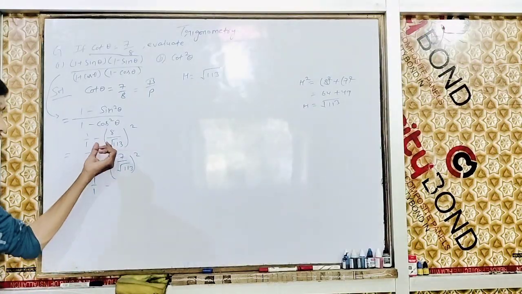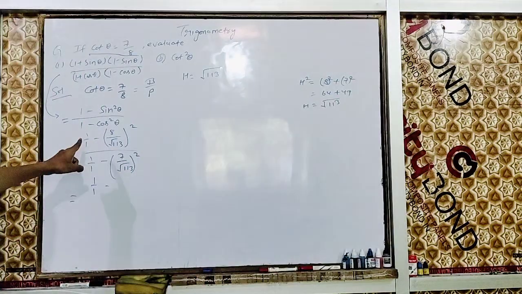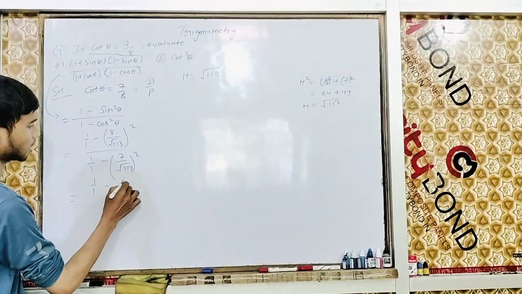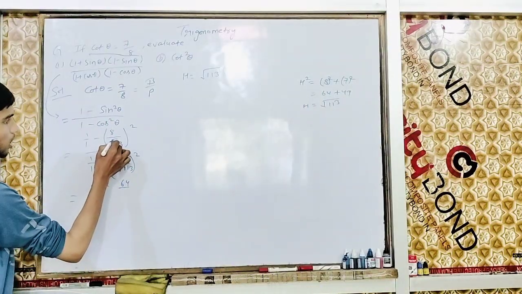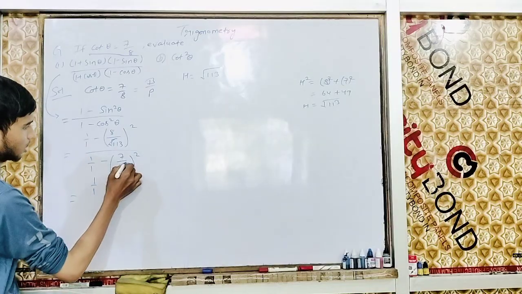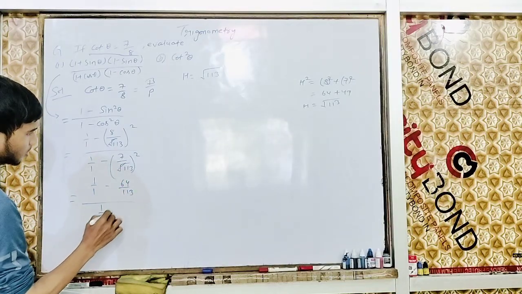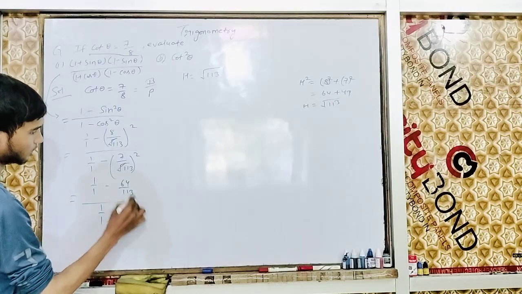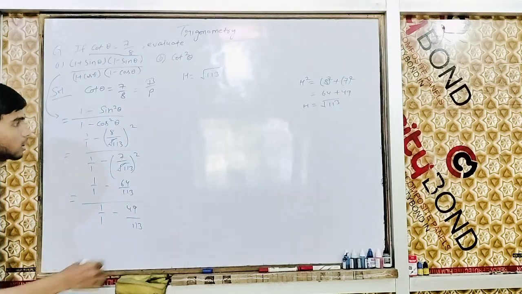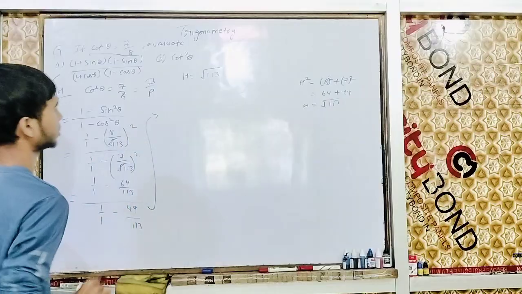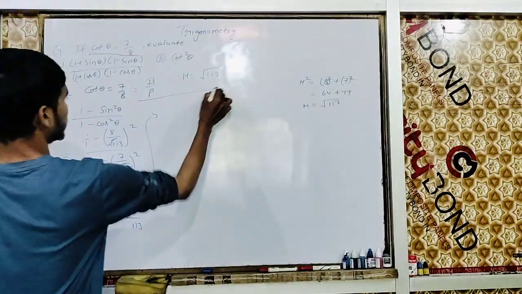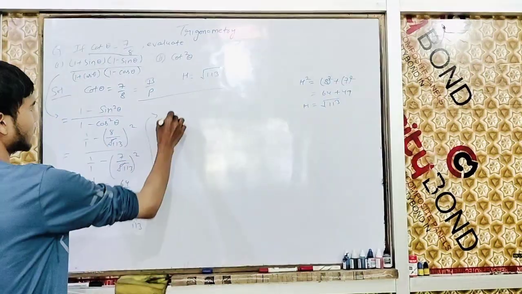Here you can see this fraction is in a square. So 8 will be 64, and this square will cut this, and the same here. 7 squared is 49. It is very simple. Now what is happening over here?